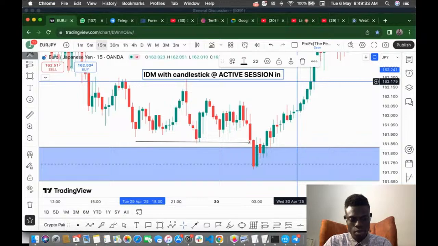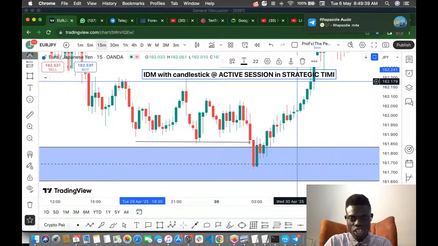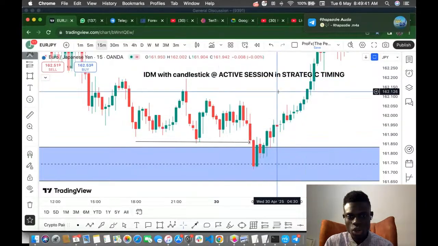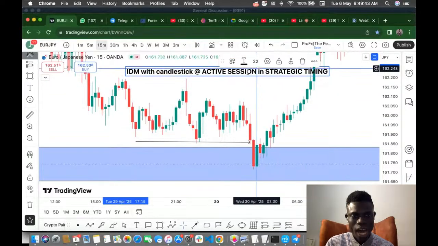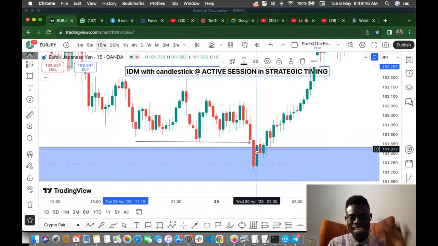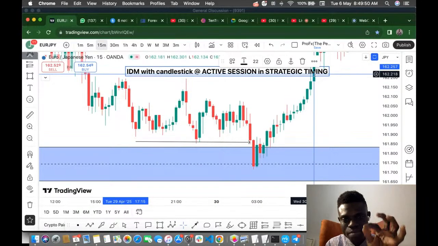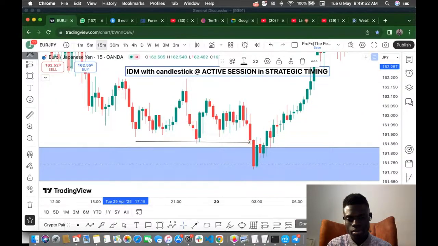We talked about this in our morning class the other time. Strategic timing. With these confluences, there's no other reason you should not buy. Your IDM with candlestick at the active session, Asian, in the strategic timing, 2 a.m. prime time.